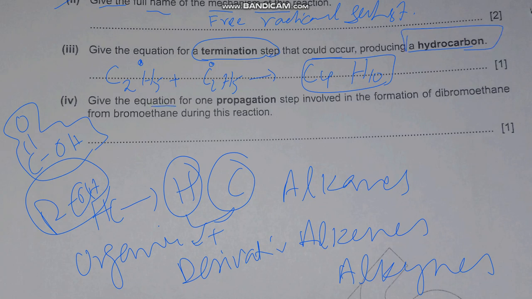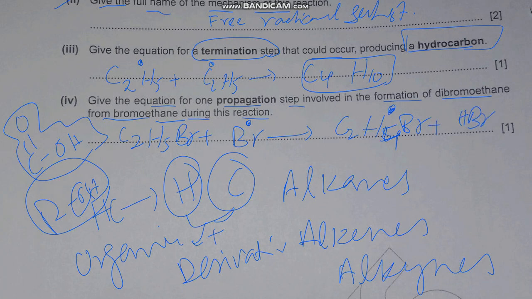Give the equation for one propagation step involved in the formation of dibromoethane from bromoethane during this reaction. For this purpose we have bromoethane plus bromine free radical, and it will give us C2H4Br free radical plus HBr.